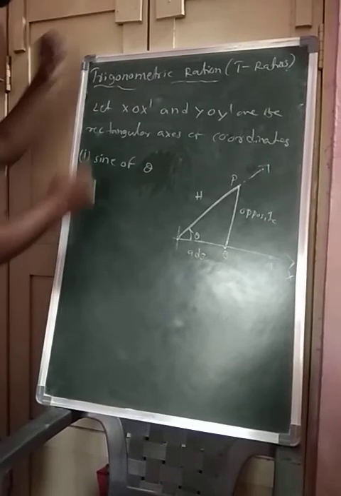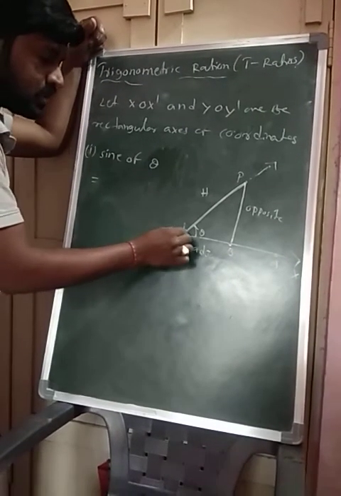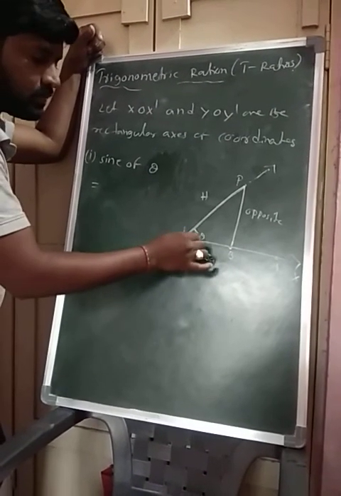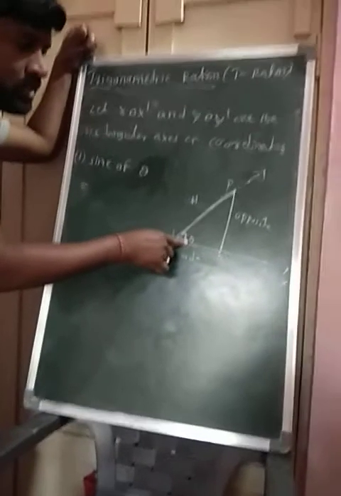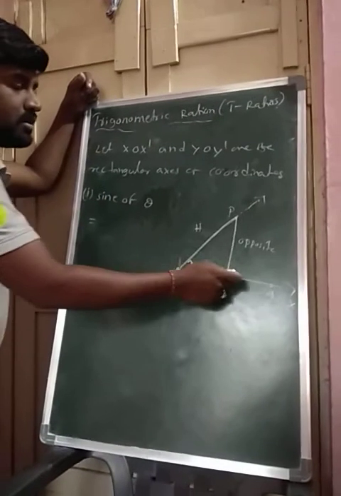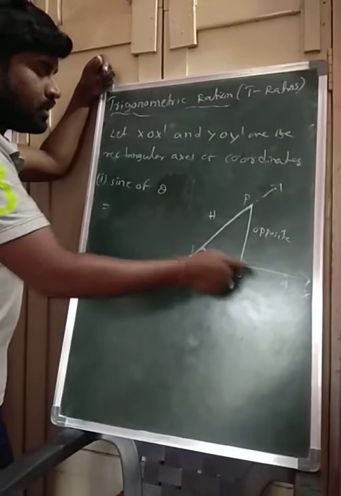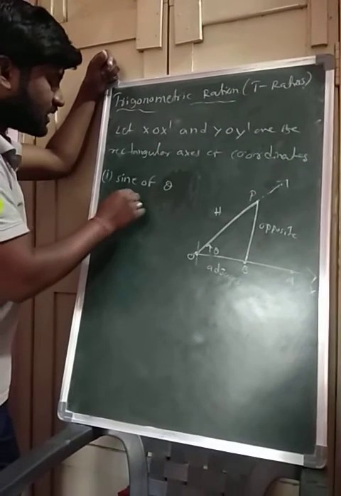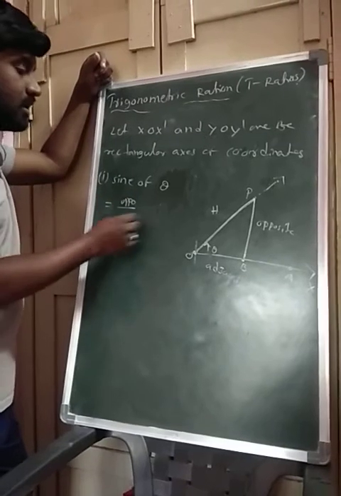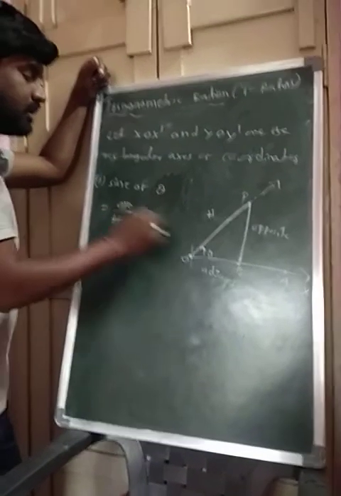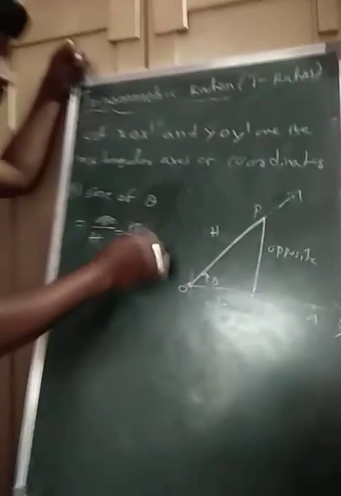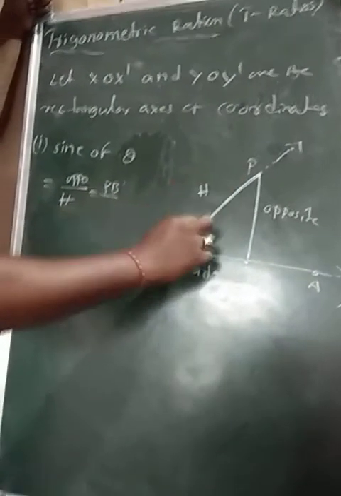See, sine of theta means, this is the angle theta. With respect to theta, what is the opposite side? The opposite side is PB. Simply I am writing like this: opposite side by hypotenuse. Opposite side means PB, by hypotenuse means OP.